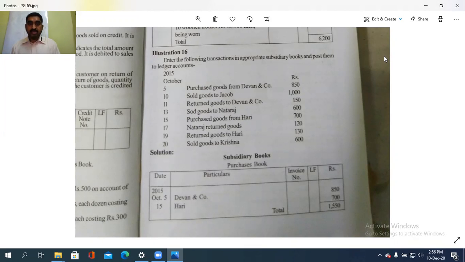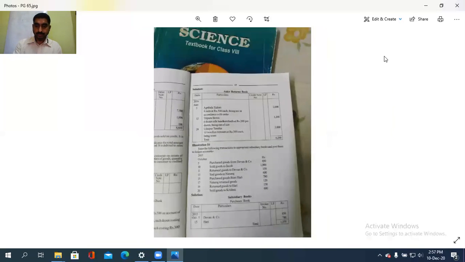Then Nataraj returned goods. Sold goods returned back, so that goes in the sales returns book. And returned goods to Hari, that is also the purchase returns book. And sold goods to Krishna, that is also sales day book. So in the sales day book, see, sold goods to Jacob 1000.